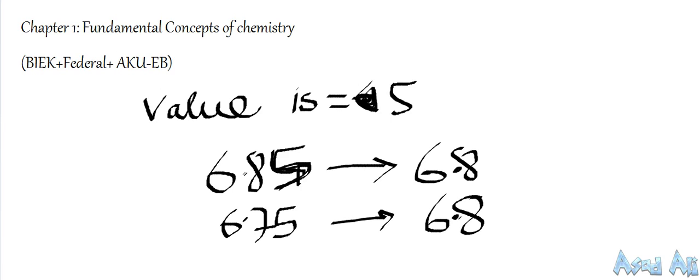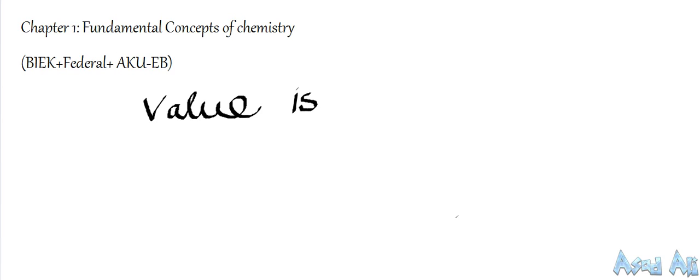Okay, now how do we use significant figures in addition and subtraction? Whenever we add or subtract values, like I have measured the mass of two different things on two different weighing machines. One has the least count of 0.1 and the other has the least count of 0.001.